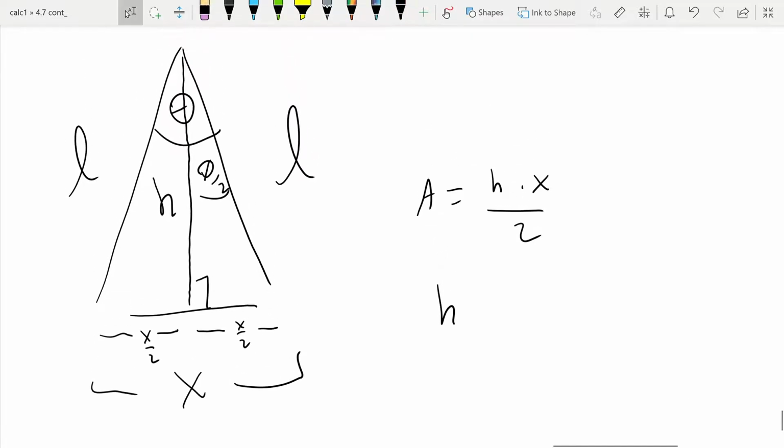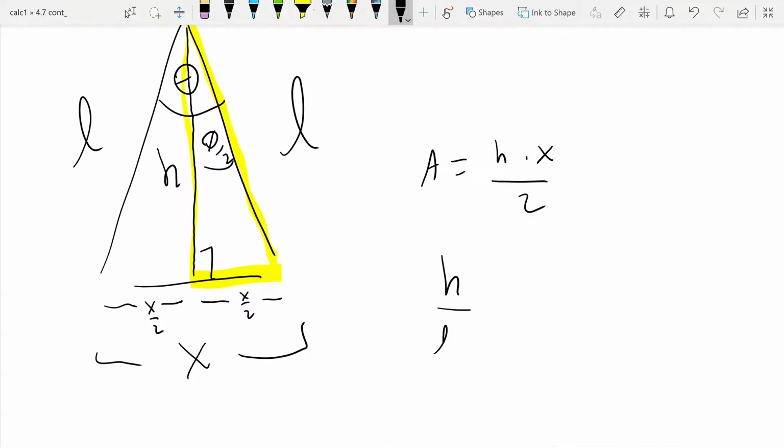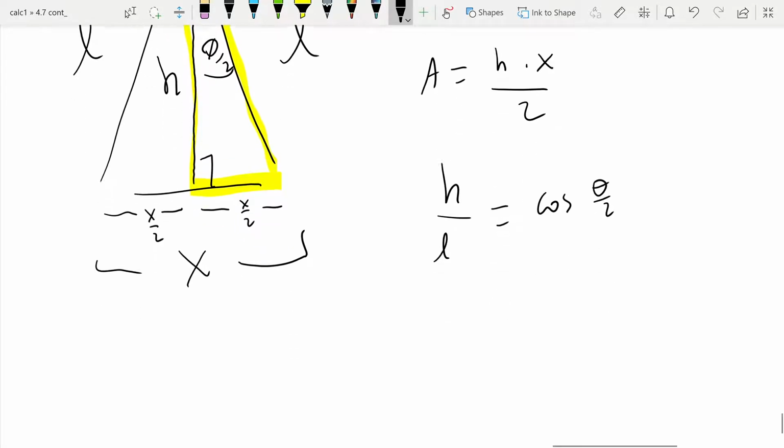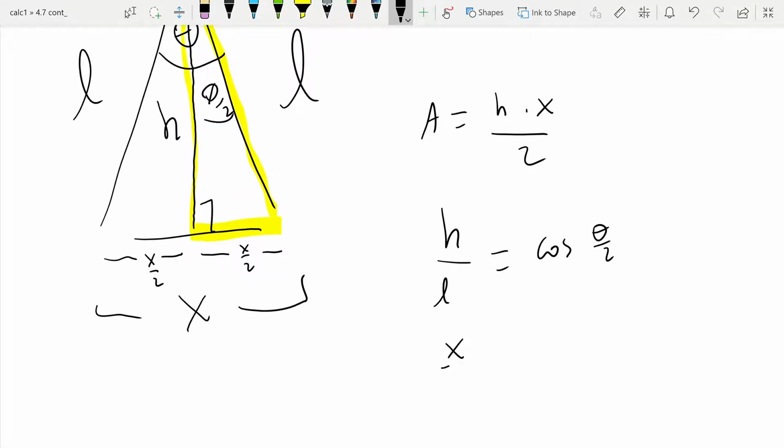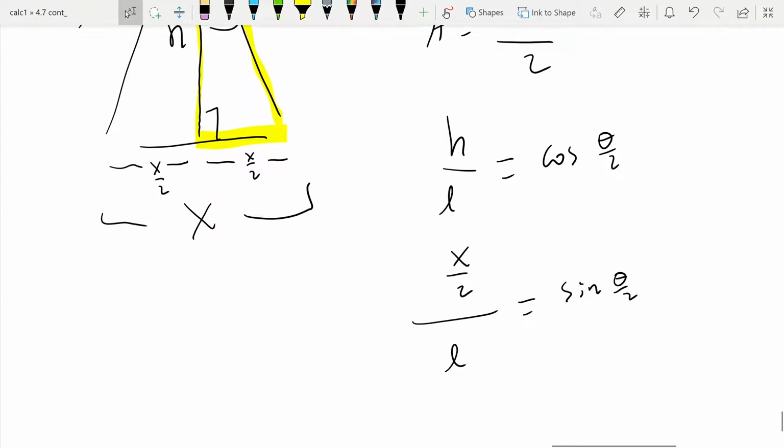Well, let's look at this triangle here. From this triangle, we can see that h over L is the cosine of theta over 2, while x over 2 divided by L is the sine of theta over 2.